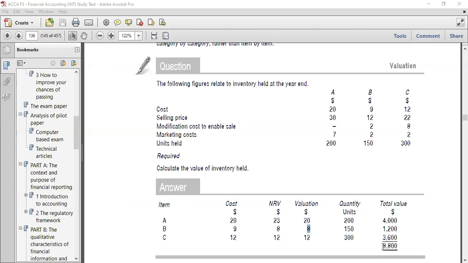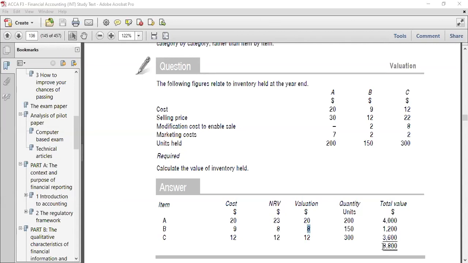Like I said, it may not be a full question like what we are seeing right there, but the examiner can use the additional information, especially when it comes to the preparation of what? The preparation of financial statements. The examiner may want to tweak it from that perspective.